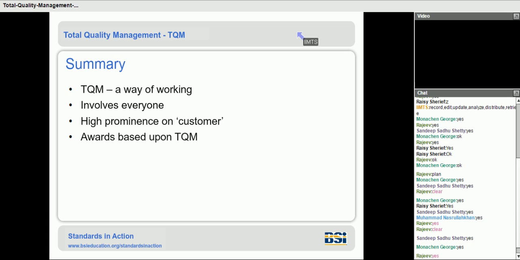So total quality management, as we have seen, is nothing but to keep a check that with whatever processes you are following within the organization, whatever policies you have within the organization, whatever roles and responsibilities that have been allocated to the employees within the organization, to keep a check that whether those particular qualities are being met or not.